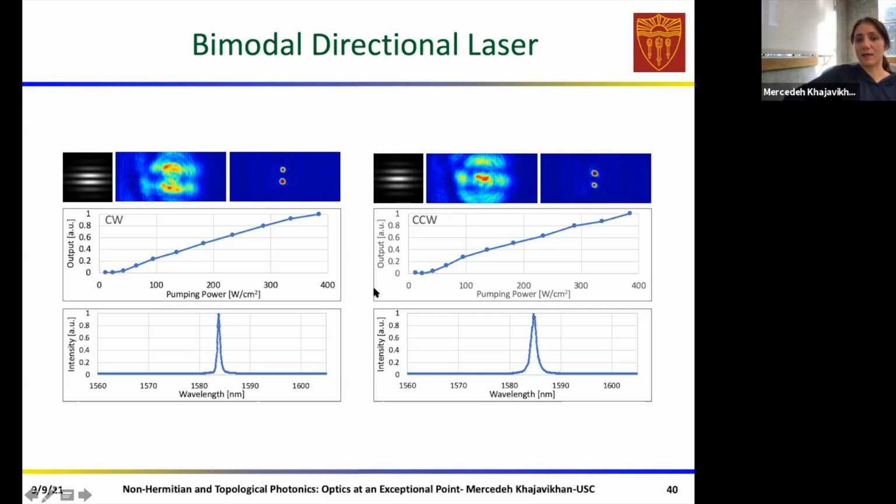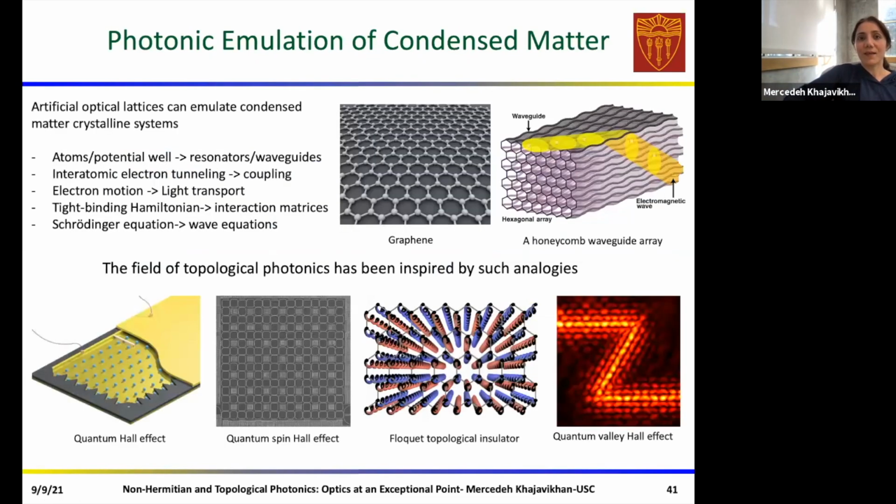And these are the light curves and the spectrum, which again, you can see are very similar. So I think realistically, I should stop at this point, even though I have some interesting stuff to say about topological photonics as well, hopefully on some other occasion.